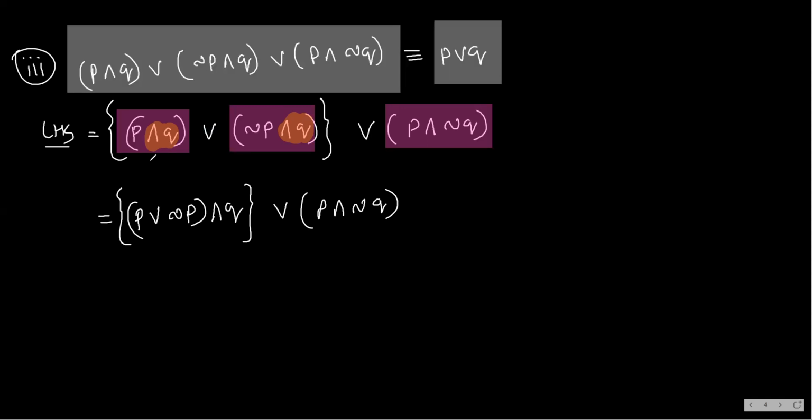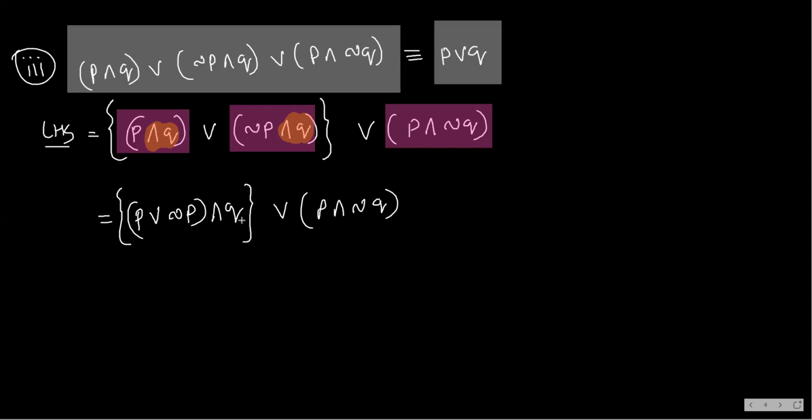As I told you, this property which I'm using, from this step which I got, how did I get this step? This whole thing, how did I get it? It is nothing but distributive property. But the only thing is I used this in reverse.